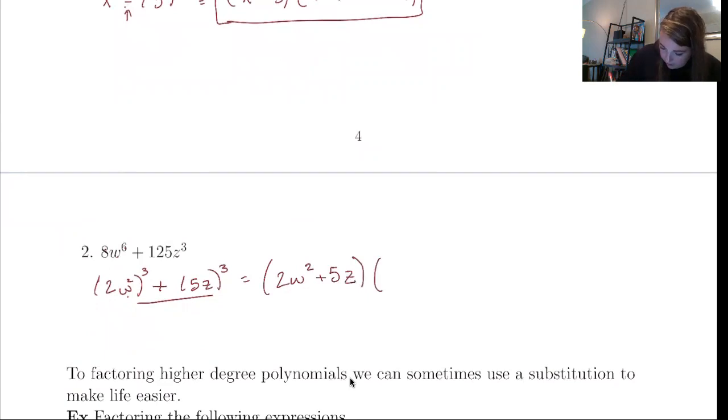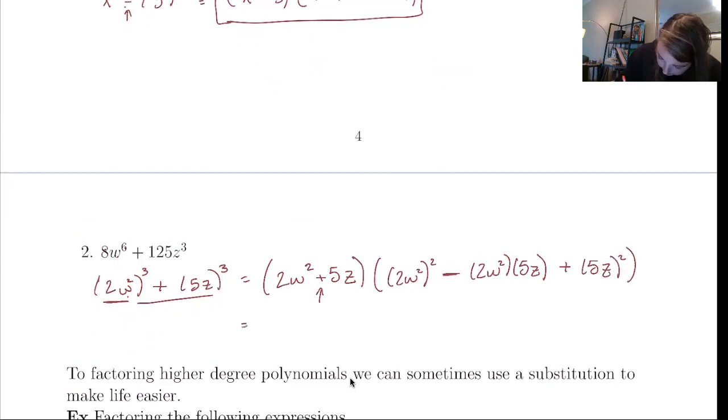And then I want to square 2w squared, so it'll be 2w squared, that quantity squared. I already had a plus, so it's going to be the opposite, so it's a minus 2w squared times 5z, always positive, 5z squared.